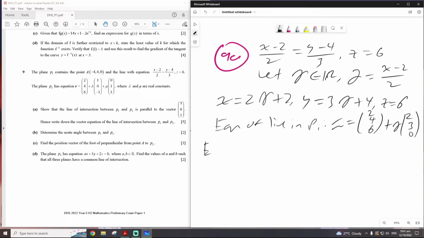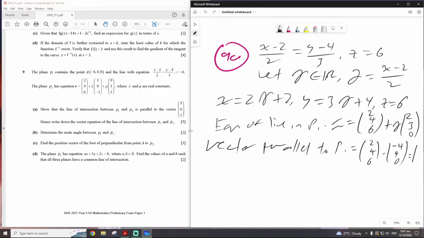Oh yes, we'll find a vector that is parallel to P1, which is the fixed point on the plane (2, 4, 6) minus A, the position vector of A. So (2, 4, 6) minus (4, 4, 0) is (minus 2, 0, 6). No, (minus 2, 0, 6), okay? Which is 6 times (1, 0, 1).